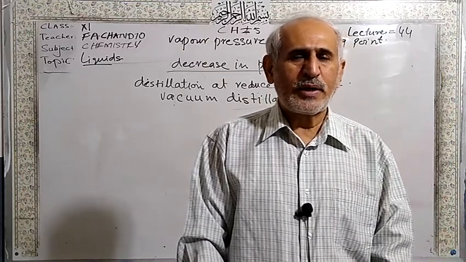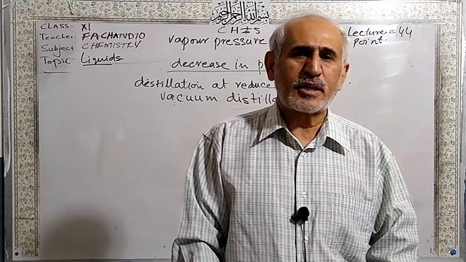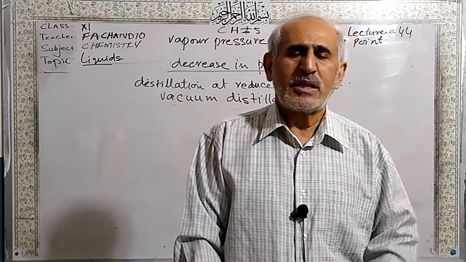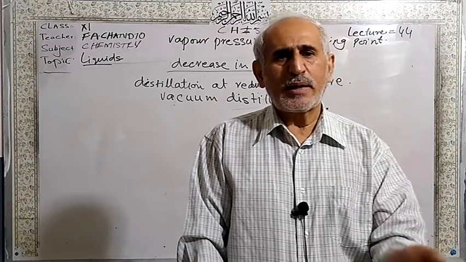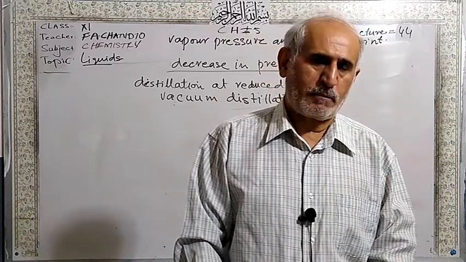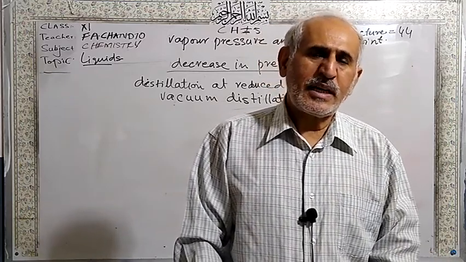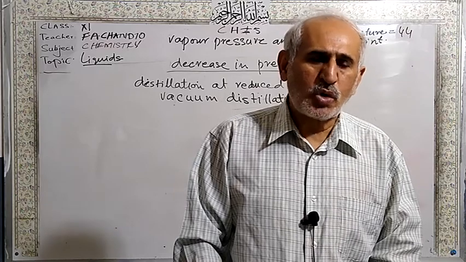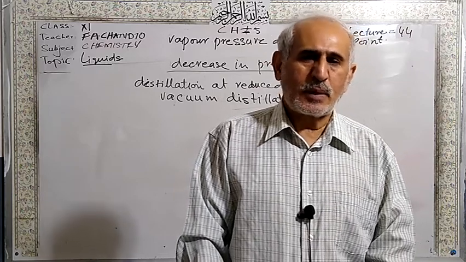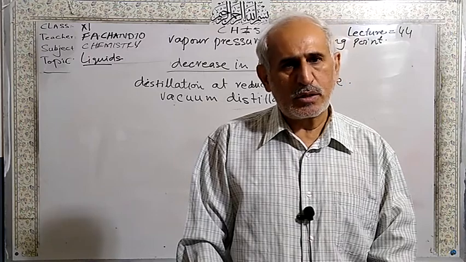So before reaching the boiling point at 760 millimeters of mercury, the glycerine is going to be decomposed instead of being separated from the impurities.